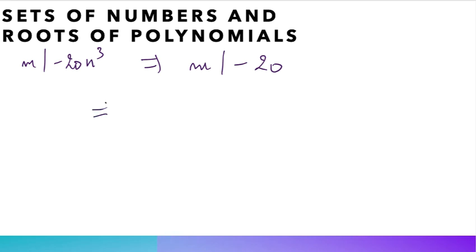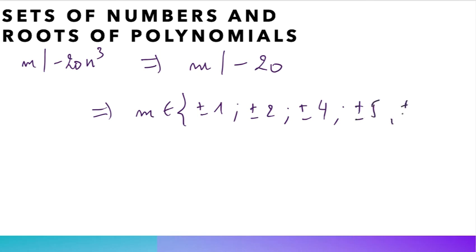This means that m belongs to the list plus or minus 1, plus or minus 2, plus or minus 4, plus or minus 5, plus or minus 10, and plus or minus 20. The same argument works with n, since we know that n is a divisor of minus 3m cubed.